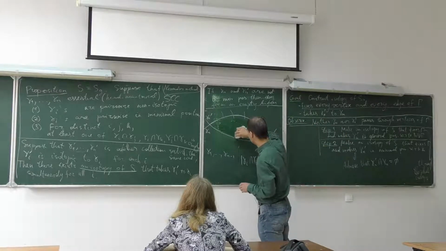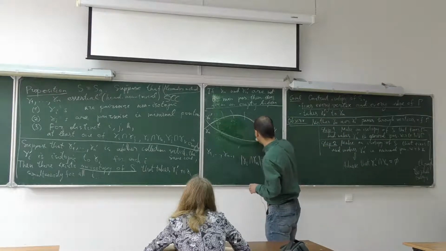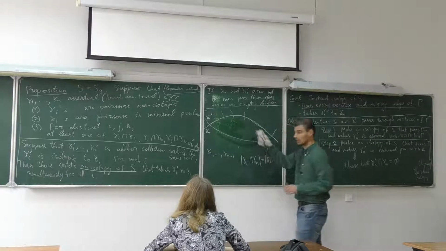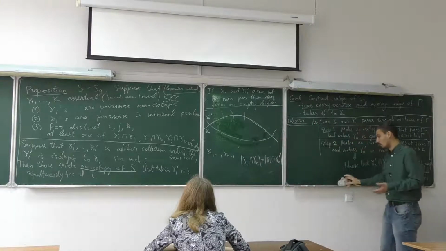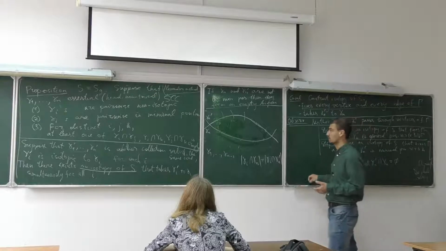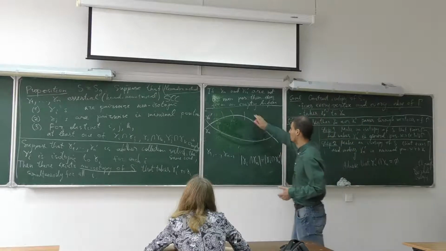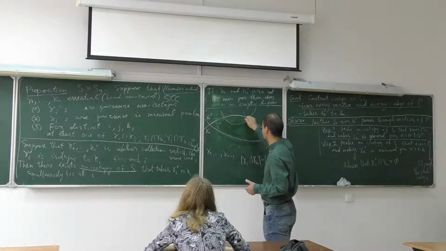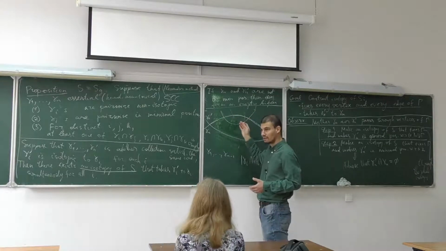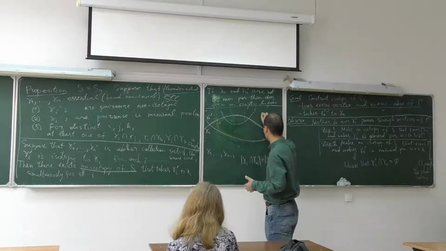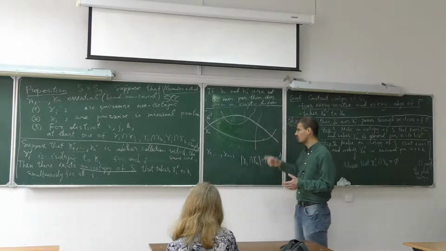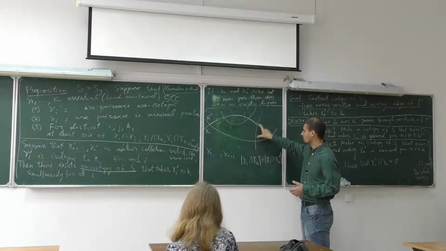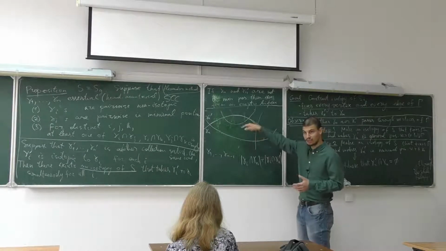So only edges of gamma may intersect this bigon. How can an edge of gamma intersect a bigon? There are only two possibilities. It may intersect twice the same arc, or it may intersect like that. I just would like to consider one arc of an edge inside the bigon.